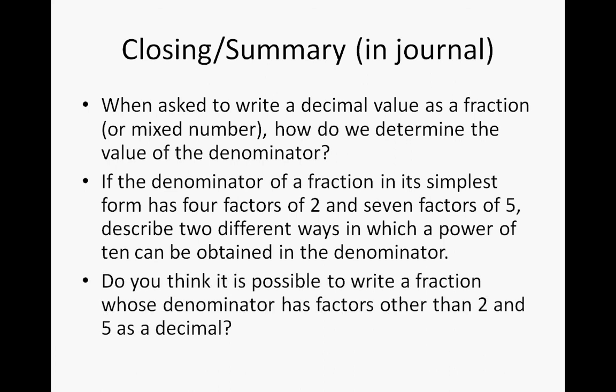And last but not least, do you think it is possible to write a fraction whose denominator has factors other than 2 and 5 as a decimal? So this is kind of a hypothesis. What do you think? Can we write fractions with denominators that are other than 2 and 5 as a decimal?